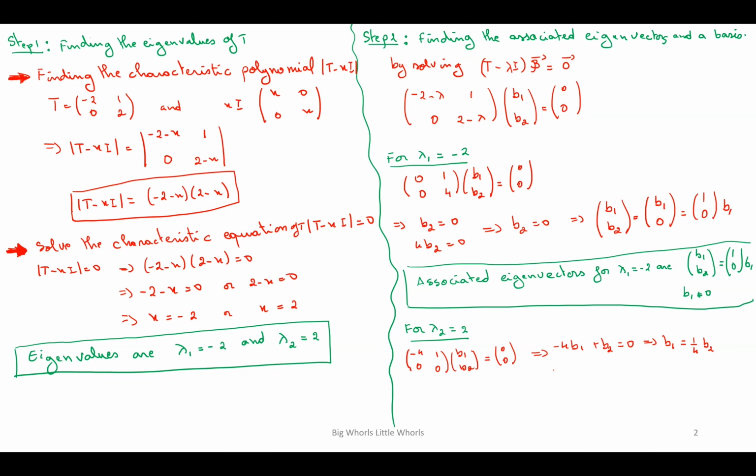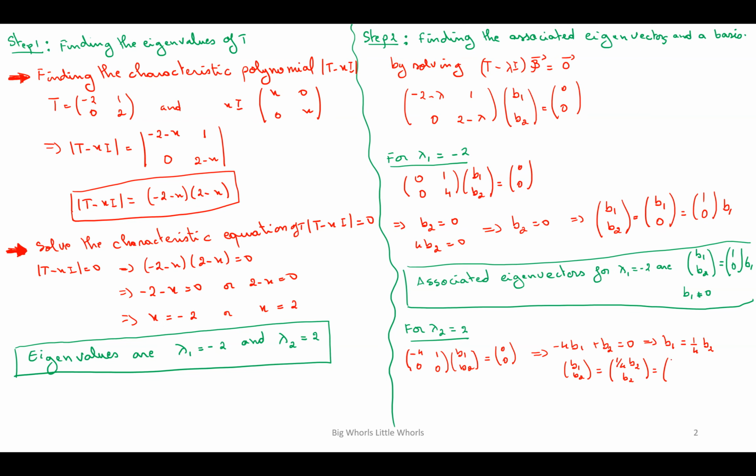So that means our b1, b2 equals b1 is a quarter of b2, and b2 equals just b2.